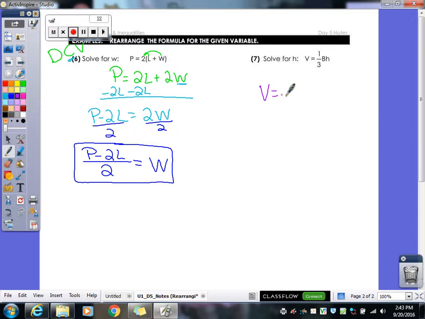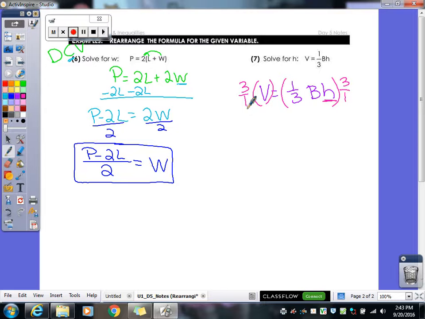And then our last one here, I like to rewrite the equation because this one's written kind of small. We're trying to get our h on its own. I've got to get rid of the 1/3 and the capital B. We get rid of the 1/3 first, because you always want to get rid of any fractions first. We do that by flipping it and multiplying.